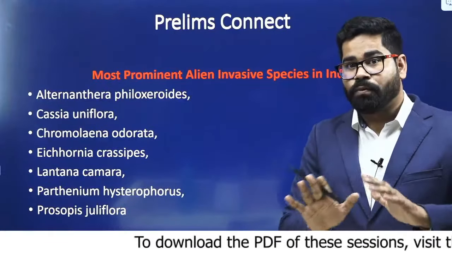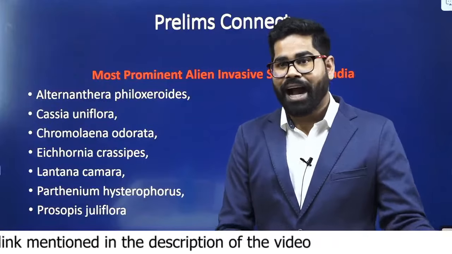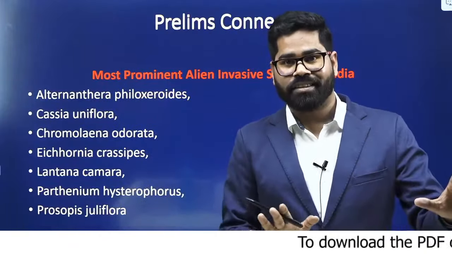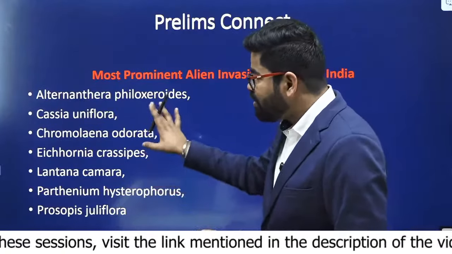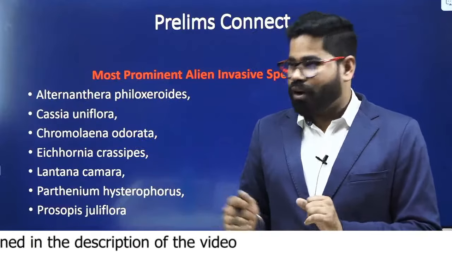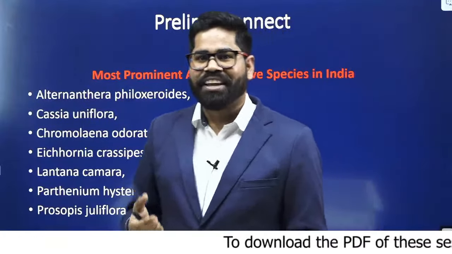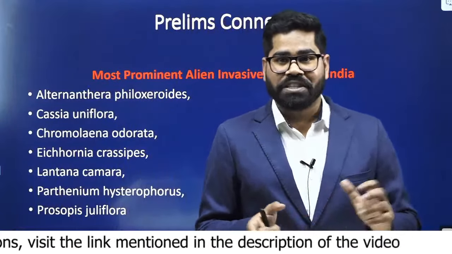There are more than 150 alien invasive species in India, and the government itself recognizes these as the major, the most important alien invasive species found in India. Of course the names are a bit scientific, but if you go through them multiple times, you can get the idea that this is one of the alien invasive species found in India.